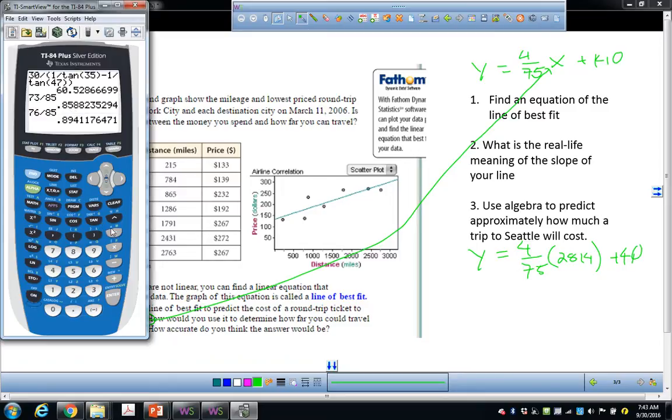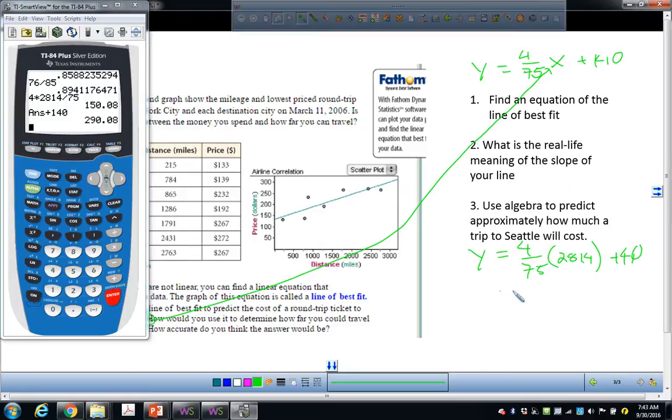And so I'm going to go, let's see, 4 times 2,814 divided by 75 plus 140. So for Seattle, it would cost me about $290 or somewhere like that.